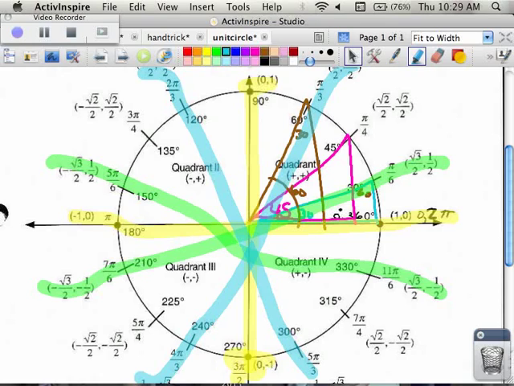Notice that the blue ones, which are closer to the y-axis, are all pi over 3s. 1 pi over 3, 2 pi over 3, 4 pi over 3, and 5 pi over 3. 1 pi over 6, 5 pi over 6, 7 pi over 6, 11 pi over 6. Okay, notice those patterns.